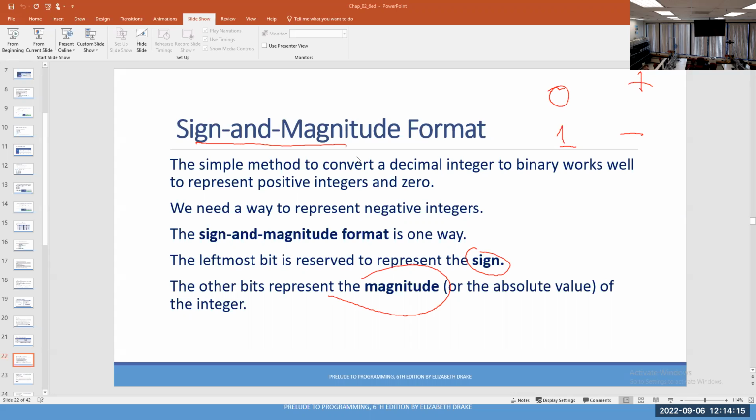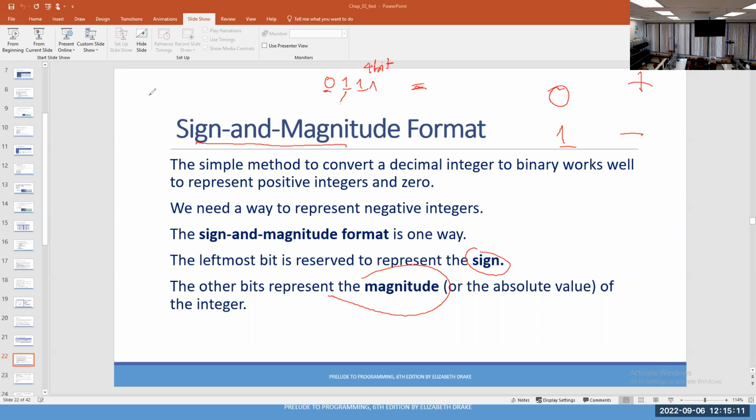Think about this one. If I have 0, 1, 1, 1 in a 4-bit number in sign and magnitude format, what is the number in decimal? It is +7. When you translate it, the first thing is to read the leftmost bit. 0 means positive.